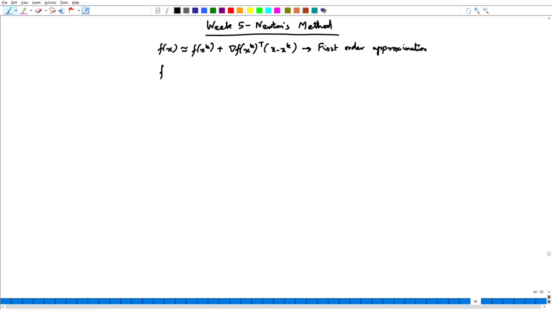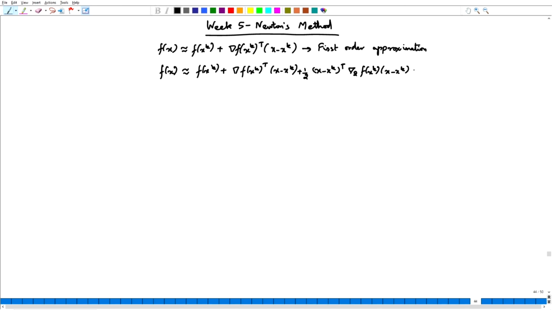Now, if you consider the second order approximation, it is, okay, I will write it as del 2 f of x k, right, or maybe a better way is to write plus half.